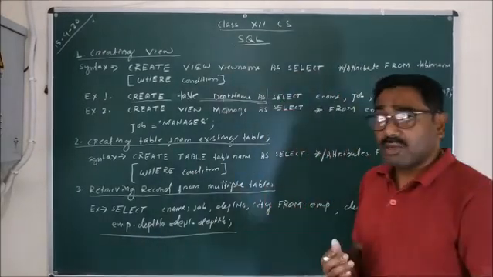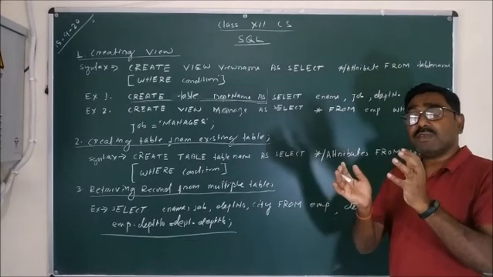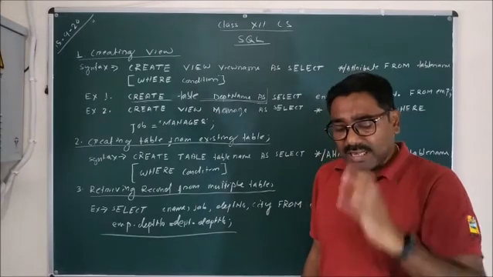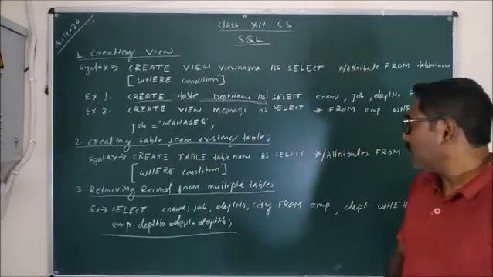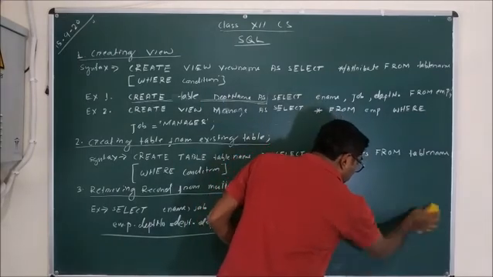One more thing here. I told you about the alias name, in which we can assign a temporary name for any attribute or any column. The same thing can be used here. You can use an alias name for the table itself.